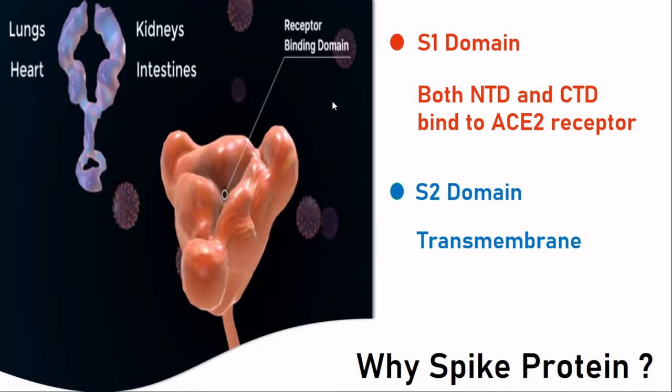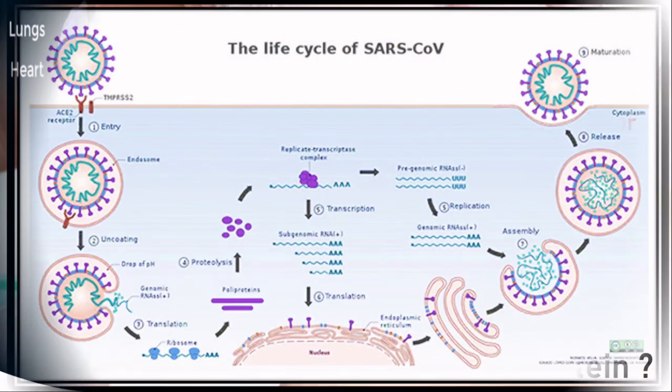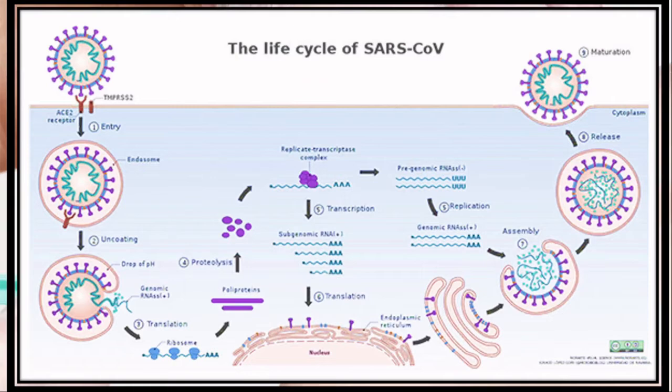Okay, with this, now understand the life cycle of the virus. You can see the virus. Let's consider this line that represents the cell membrane of our host cell, and on the cell membrane, as I just told you, there would be a receptor present. This receptor is called the ACE2 receptor.